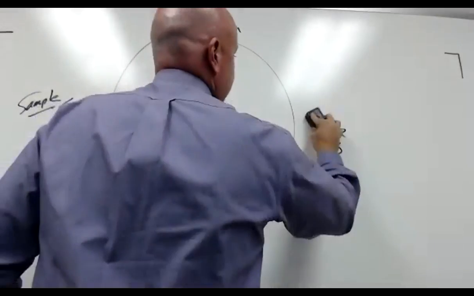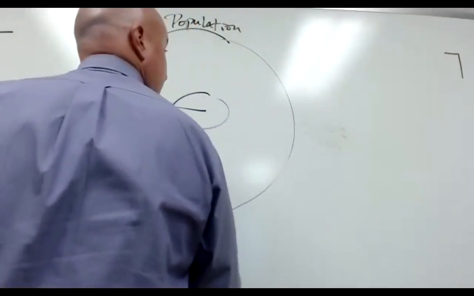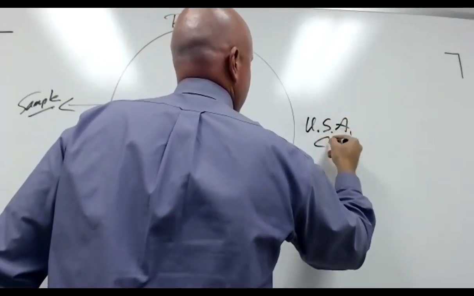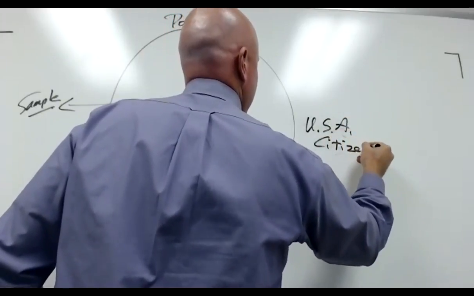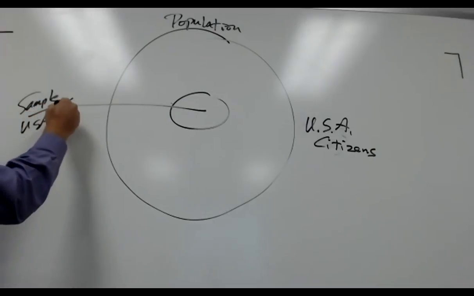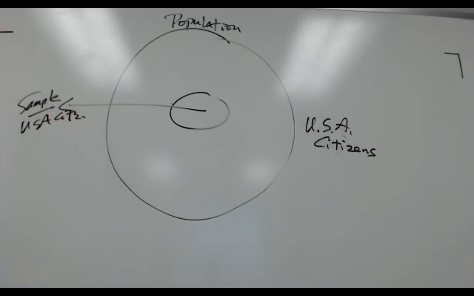I'm going to shift here. I want to use the census as an example. So we're going to say United States citizens becomes the population. We're going to pull a sample of USA citizens, and we are going to ask them questions such as, how often do you eat out?